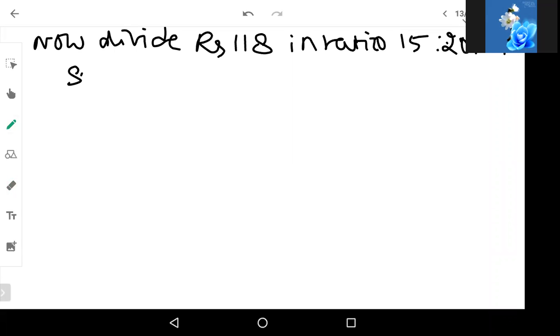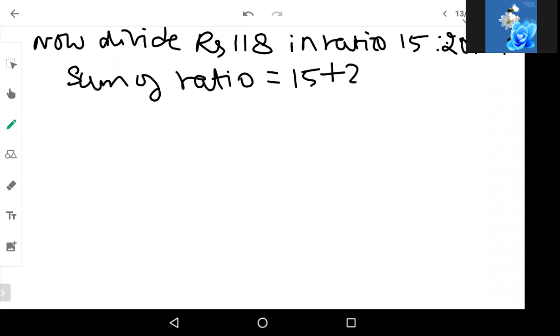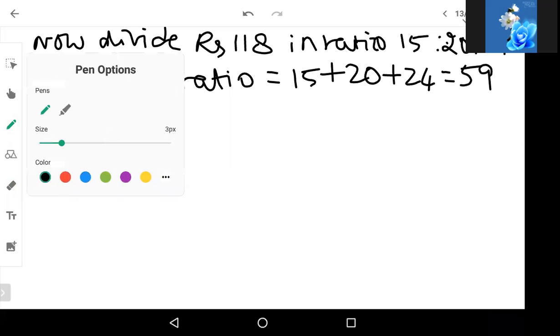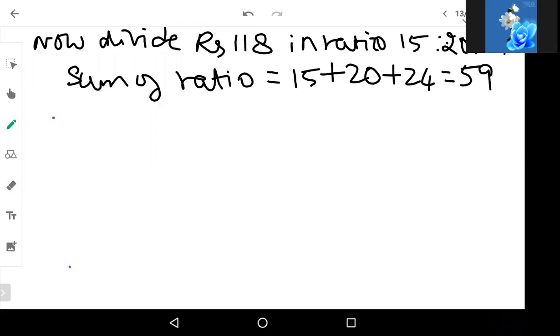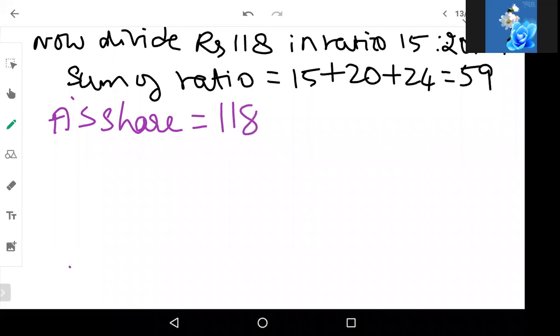So what is the sum of the ratio? 15 plus 20 plus 24 is equal to 59. So therefore, A's share will be 118 rupees into 15 by 59. Okay, 15 by 59.